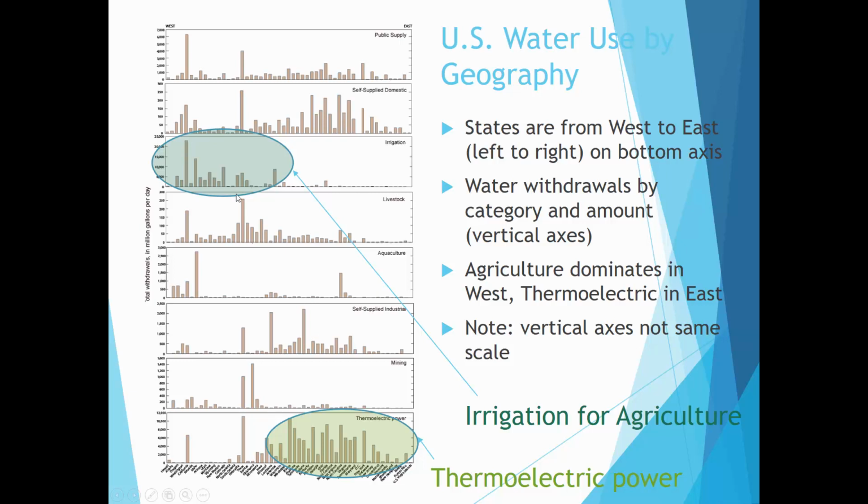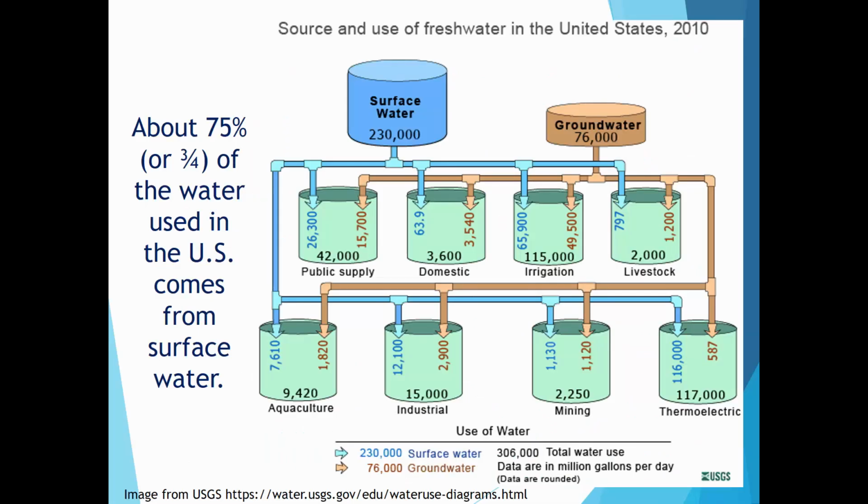But the take-home message here: irrigation, agriculture, most of the water is withdrawn in the western states where there's not as much rainfall, and then in the eastern states, which have high population densities, you're withdrawing water to use in thermoelectric power plants. About 3/4 or 75% of the water that's used in the United States is being used from surface water sources.